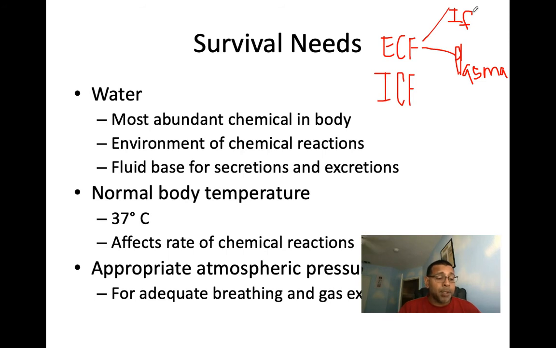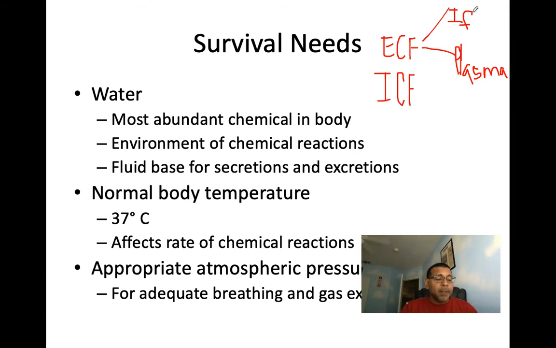Now, when body temperature is too high, chemical reactions occur at a crazy pace, and the body's proteins can lose their characteristic shape and stop functioning. In either case, death results.